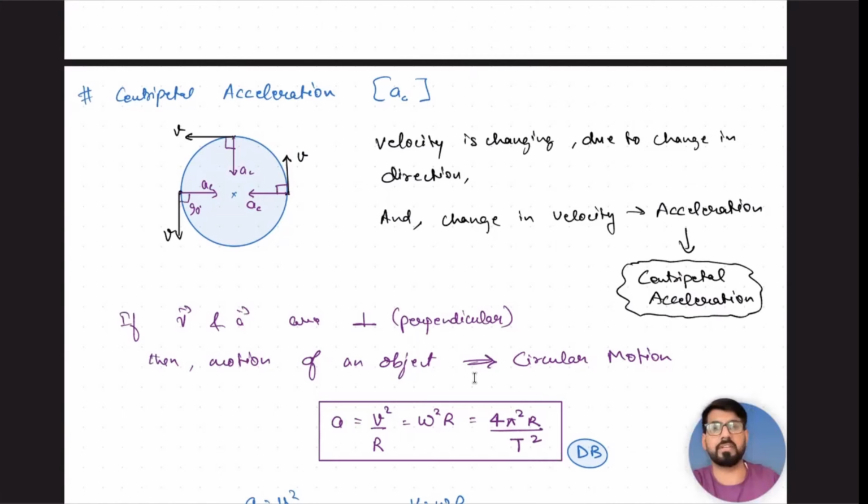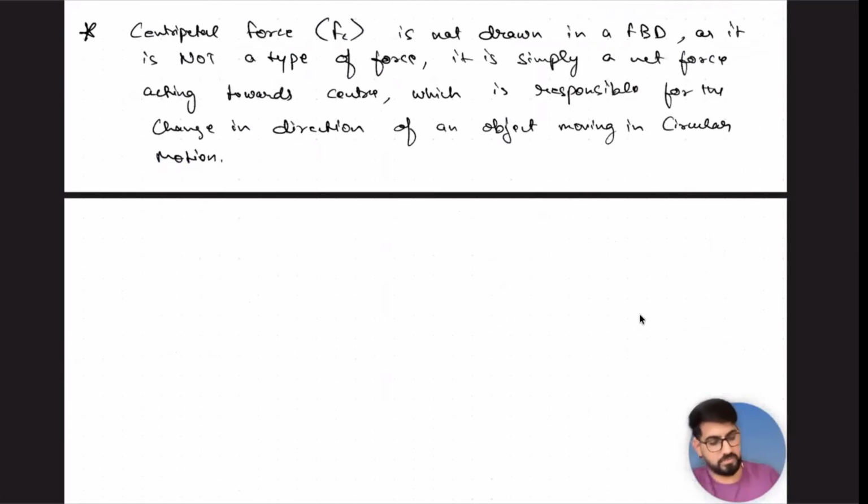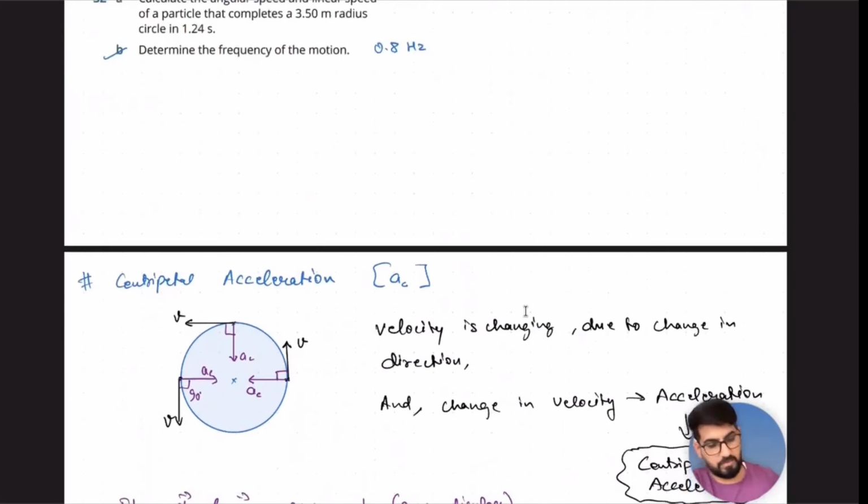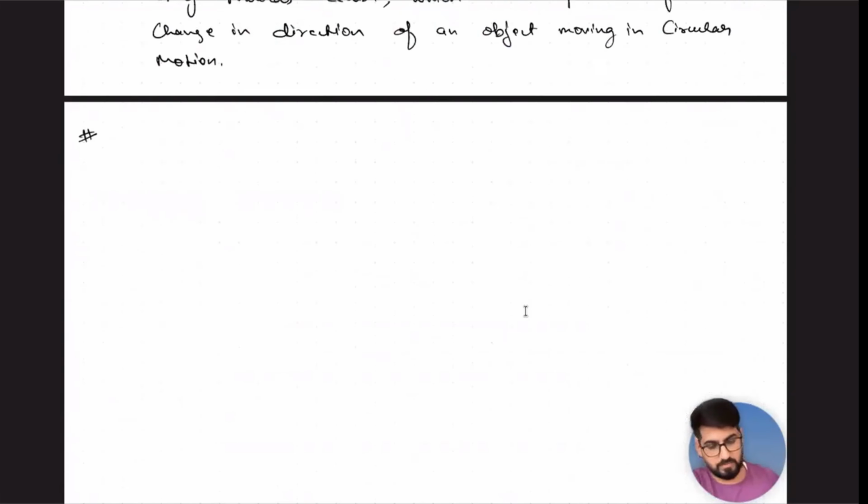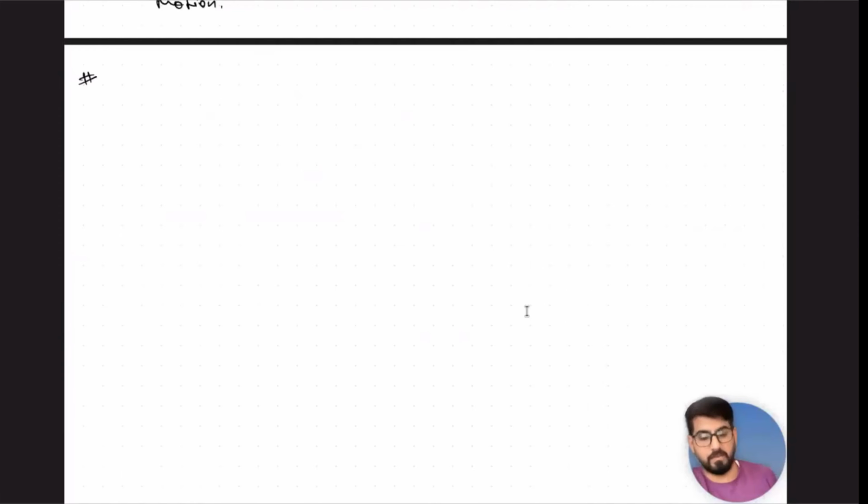Now there are different cases possible for an object moving in a circular motion. So let us take examples of identifying the centripetal force in different situations.